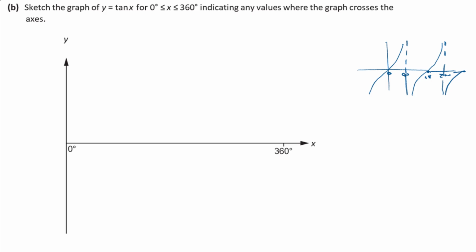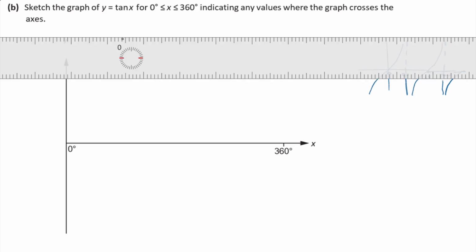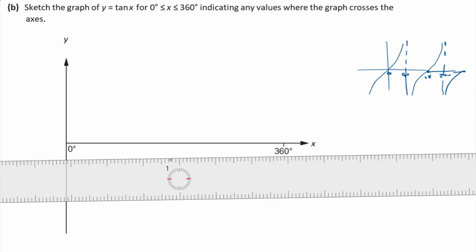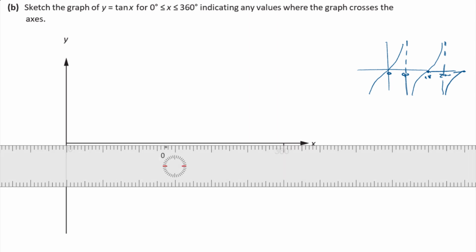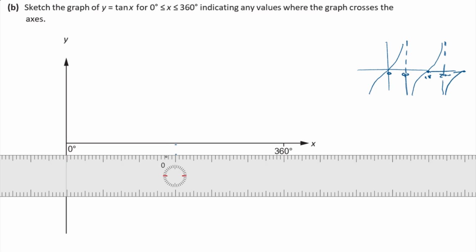Now it's helpful to draw these asymptotes in because it gives you something to aim for when you're drawing the graph. Okay, so let's just measure what we've got going on here. So what we've got, 1, 2, 3, 4, 5, 6. If I halve it, I'm going to get a mark here. That's going to be 180, about there.